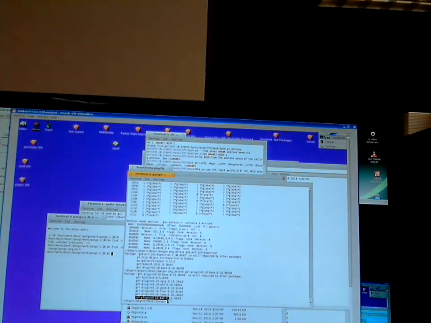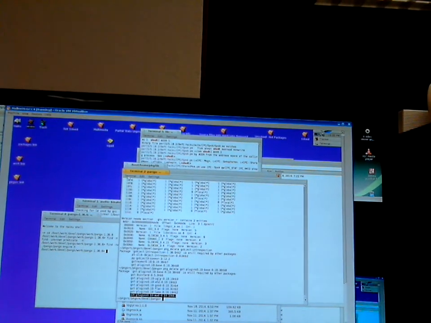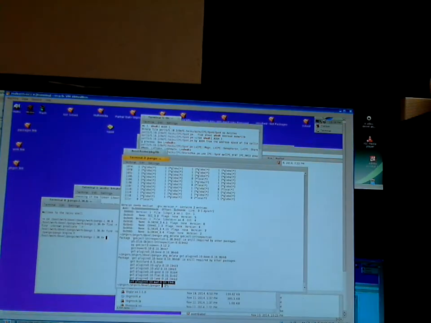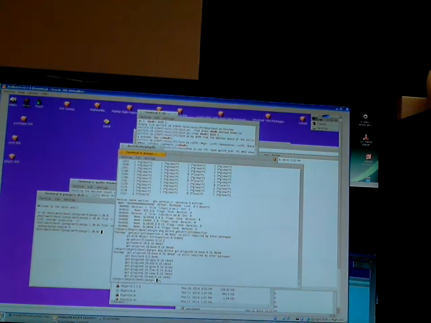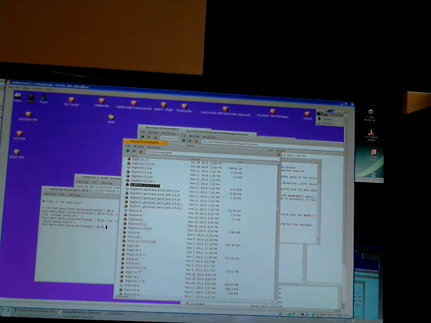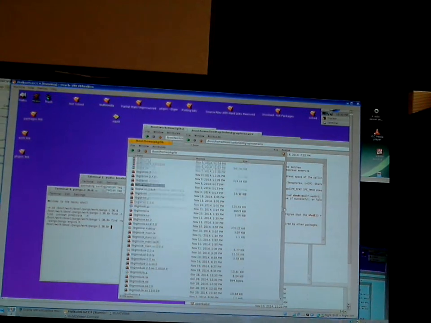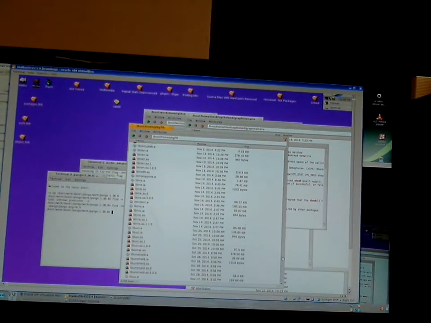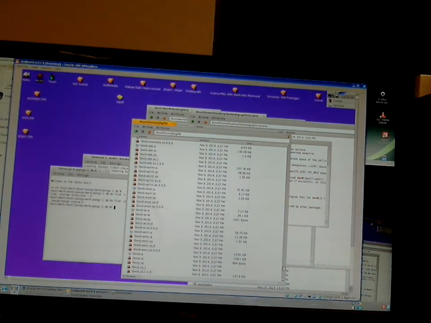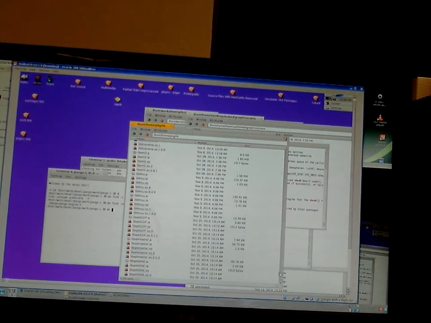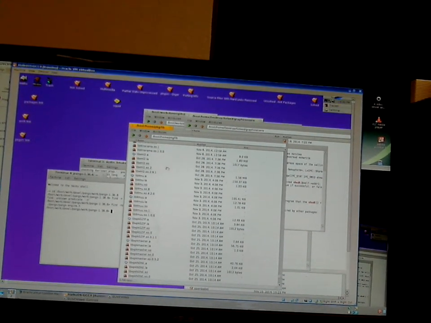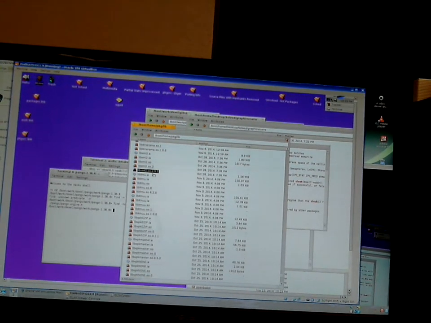Oh, this wonderful cascade because. Oh, let's see. What version of library XML? I want to find out what the cause of this stuff is, because it's annoying me. That's 2.